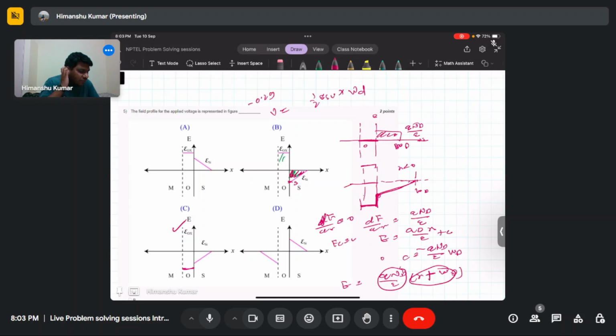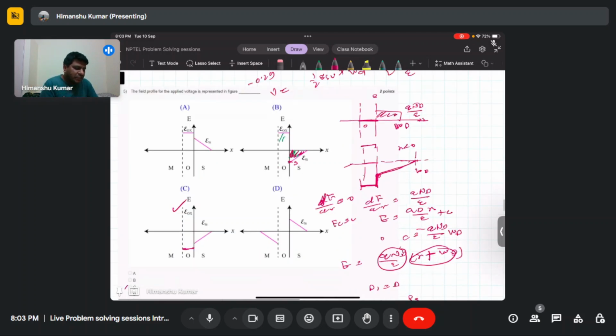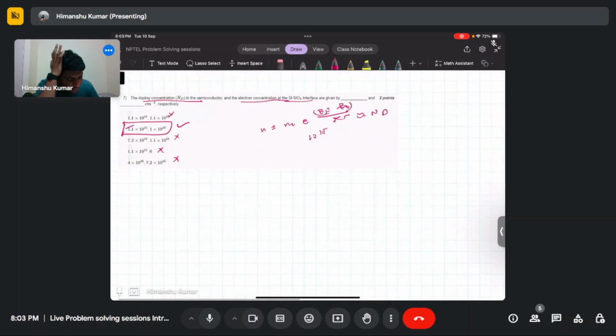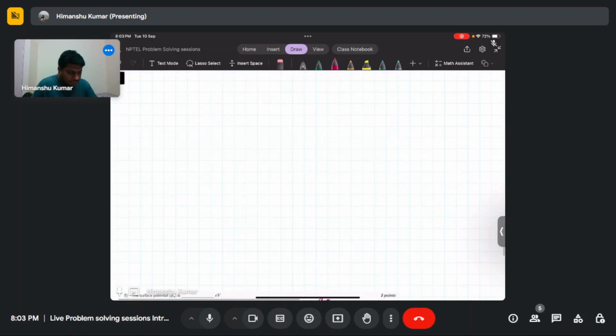So E of Si you can calculate at the interface. If you put x equals 0, then basically it will become half of q N d by epsilon times W d square, and from this you can get the depletion width just by the surface potential.